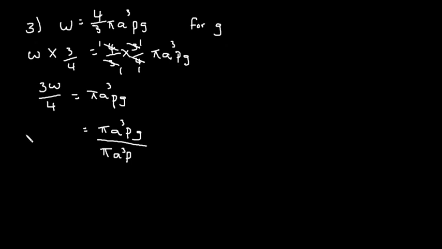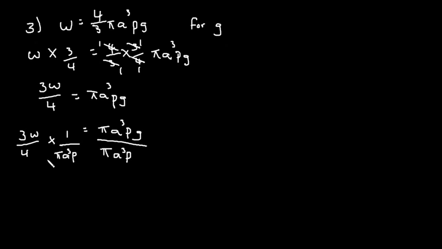But on this side, 3W divided by 4, we multiply this by the reciprocal of pi a cubed rho, which is the same as 1 over pi a cubed rho.